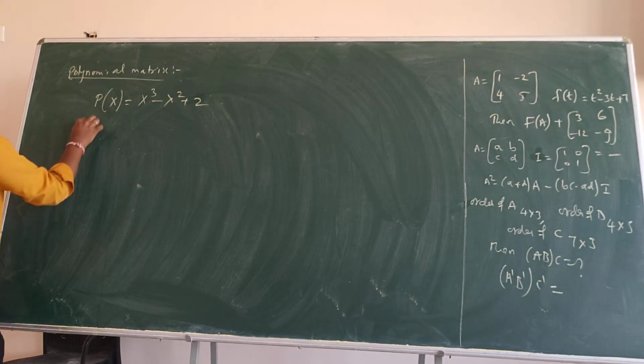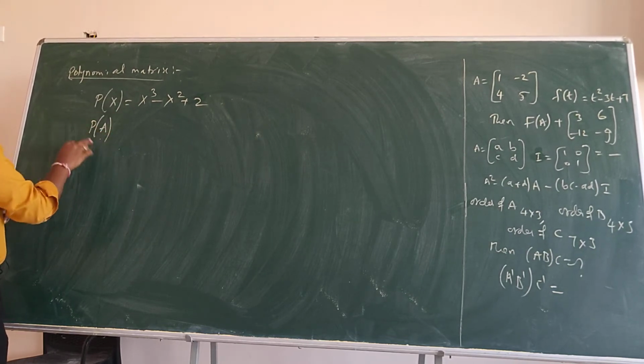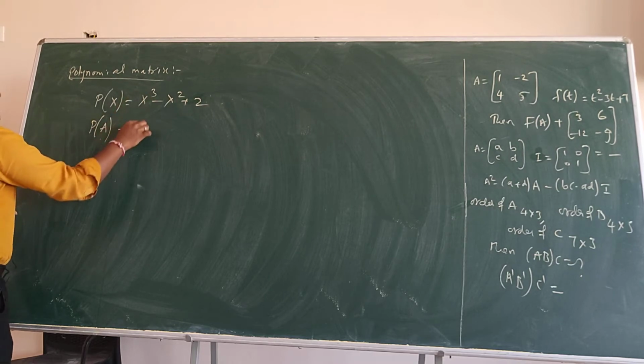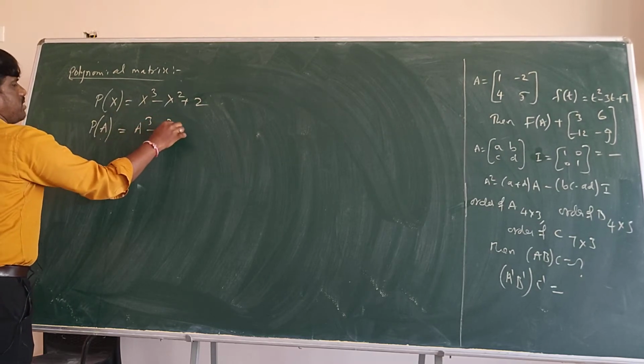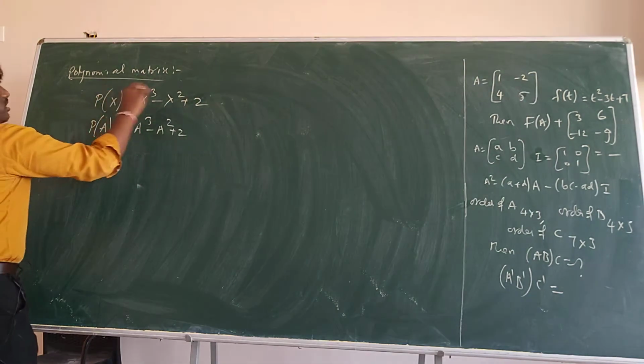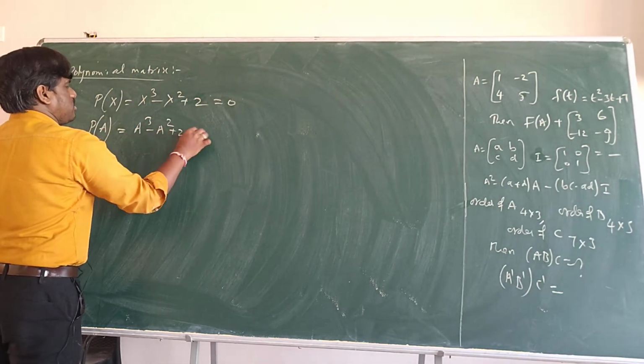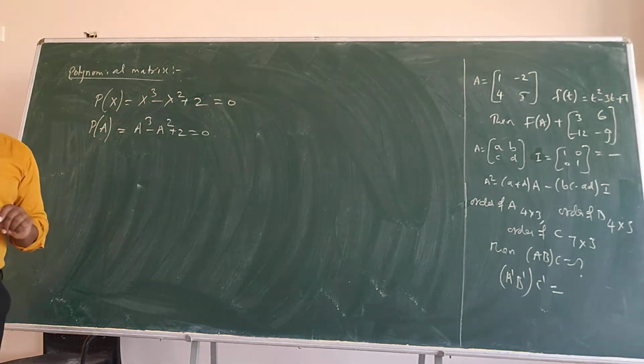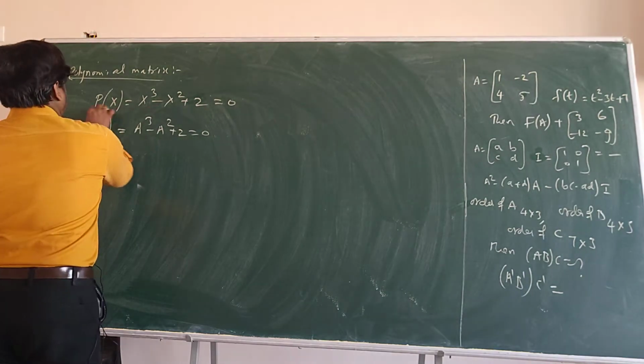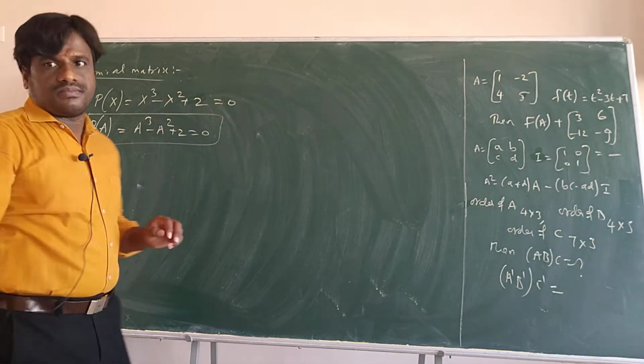If I write the polynomial for matrix A, then in the place of X, I'll write A cube minus A square plus 2. So if the polynomial in X is 0, then this value is also 0. Such kind of matrices we call polynomial matrices.